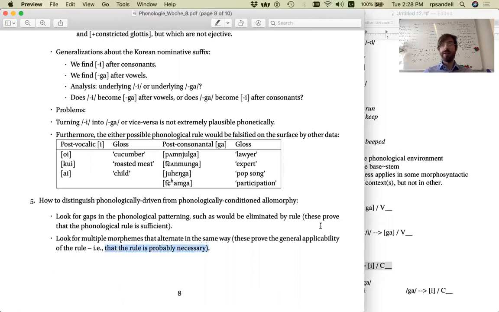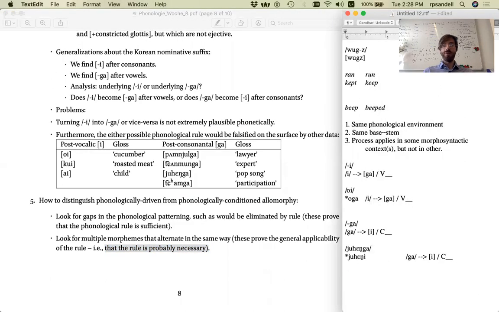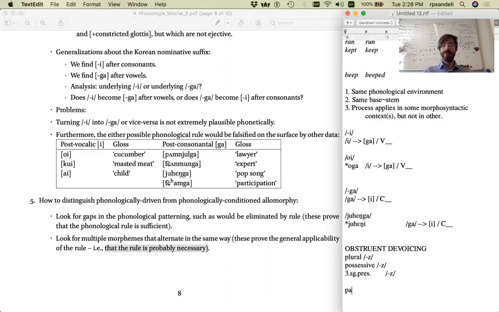So for instance, something like obstruent devoicing in English applies to multiple different morphemes. So obstruent devoicing in English applies to plural z and possessive z and third person singular present z, and also to past tense d.